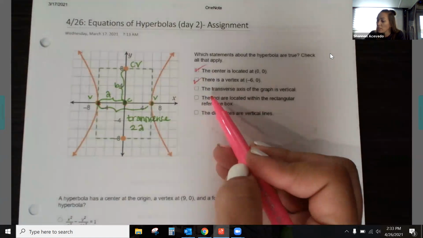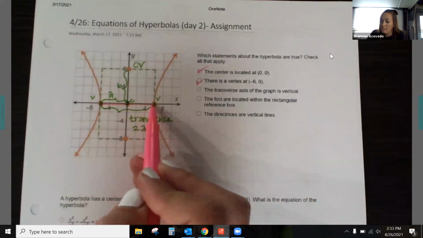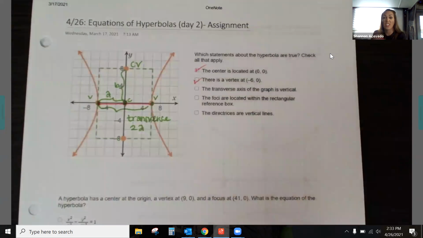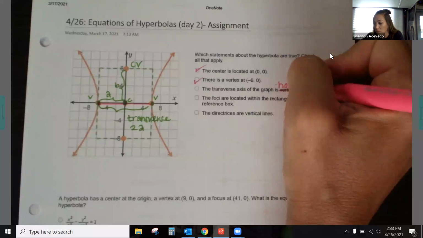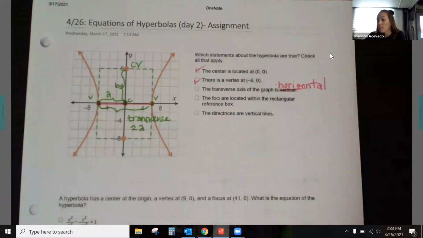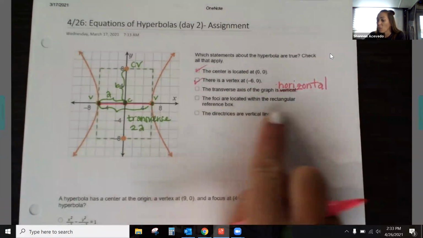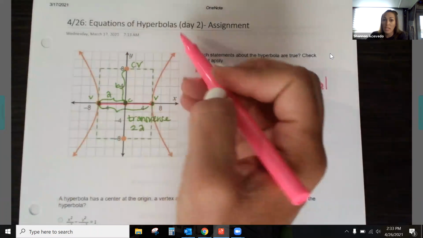Then it says the transverse axis on the graph is vertical. We already talked about this: our transverse axis goes from vertex to vertex, and that's a horizontal line. So this is not true. It's horizontal. Next: the foci are located within the rectangular reference box. This reference box is how we get our asymptotes.